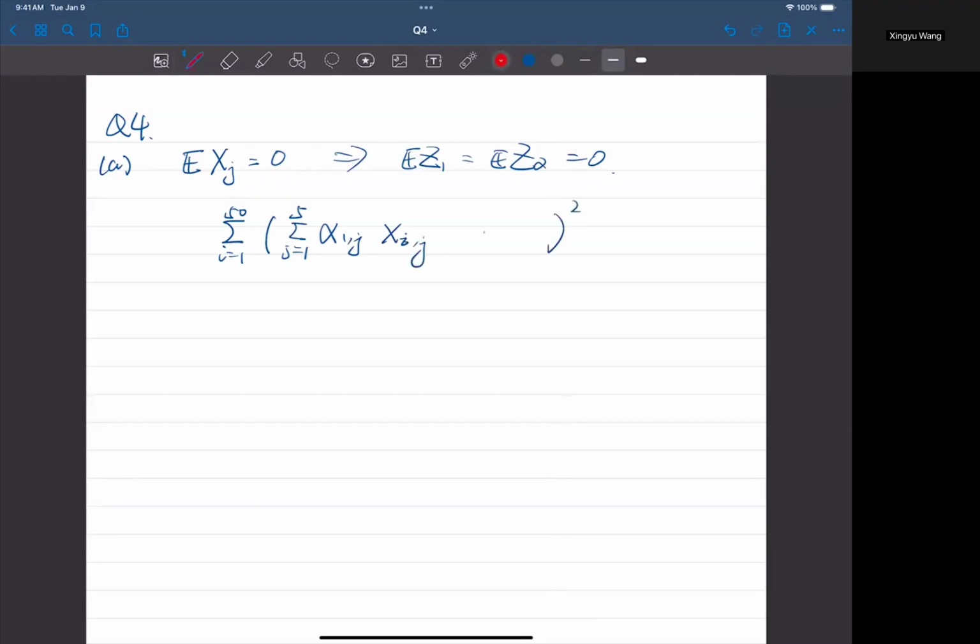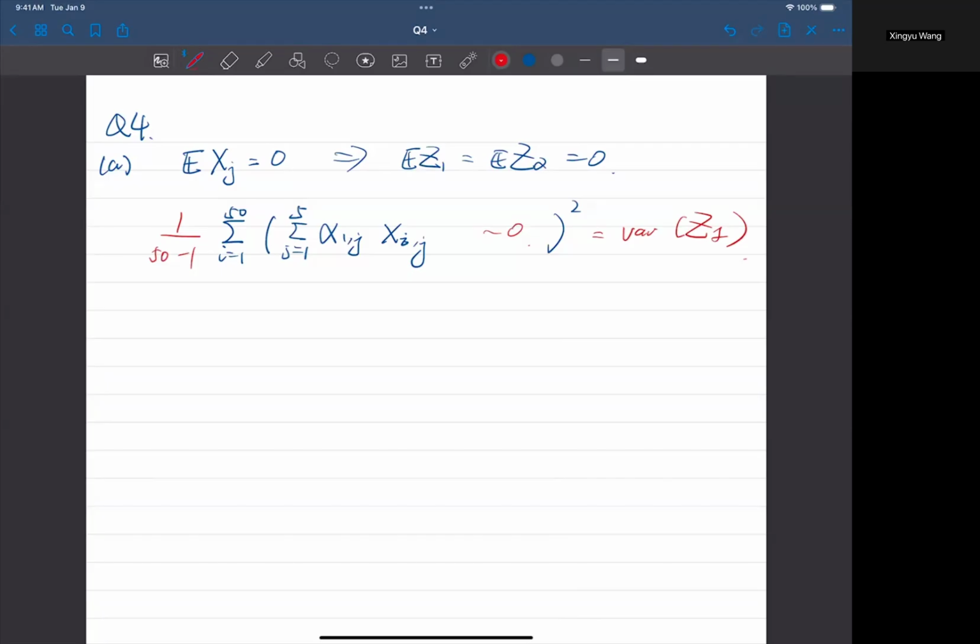You can also subtract the mean, which is 0 and doesn't change anything, since it is the mean of z1. If this term is divided by 50 minus 1, then it's the variance of z1. So it's the empirical variance based on the 50 observations of z1, the transformed version of x1 up until x5, according to the weights stated in the question.